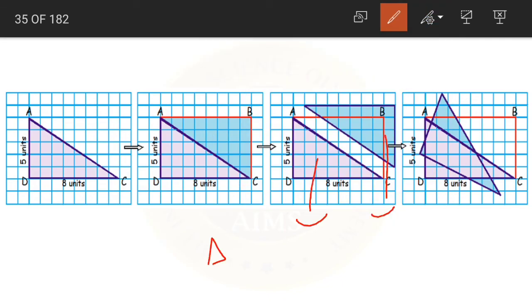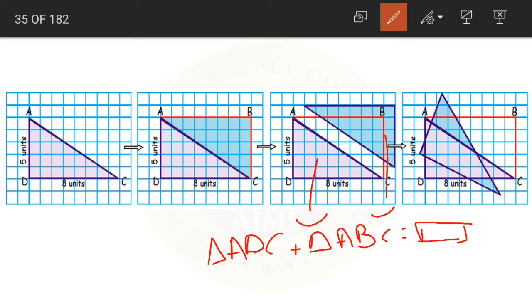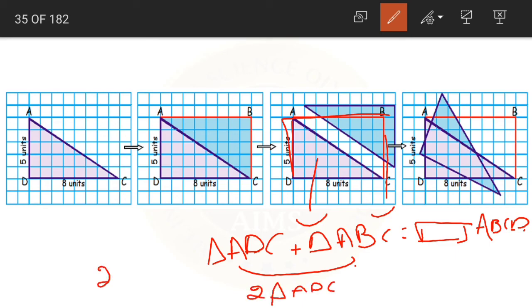So this triangle ADC plus our triangle ABC is equal to what? The total is our rectangle ABCD. Yes, as both are equal, we can just write 2 into triangle ADC or 2 into triangle ABC.